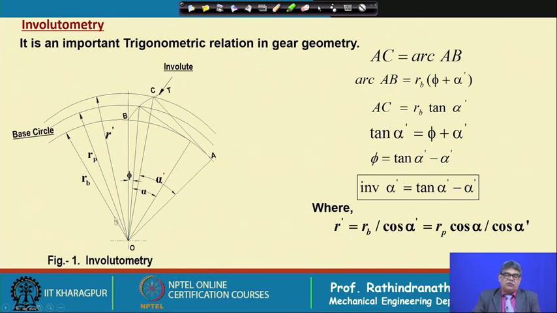That means, if on the involute profile we know the standard pressure angle and teeth number, at any radius we will be able to calculate this angle alpha dash, which is given by this relation. Alpha dash is equal to cos inverse r p by r dash into cos alpha.